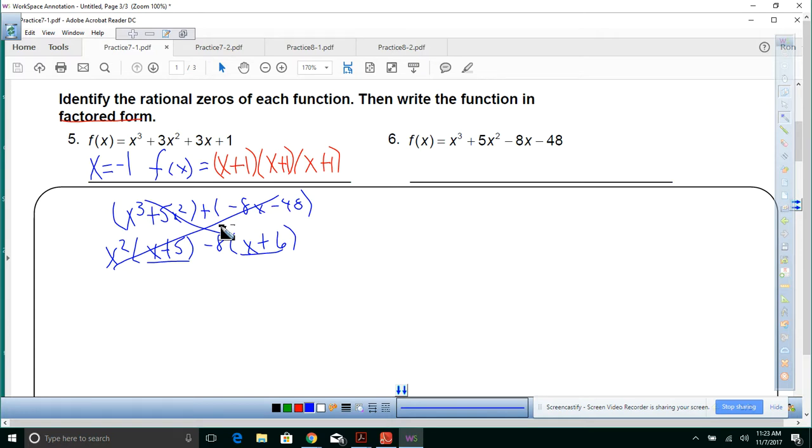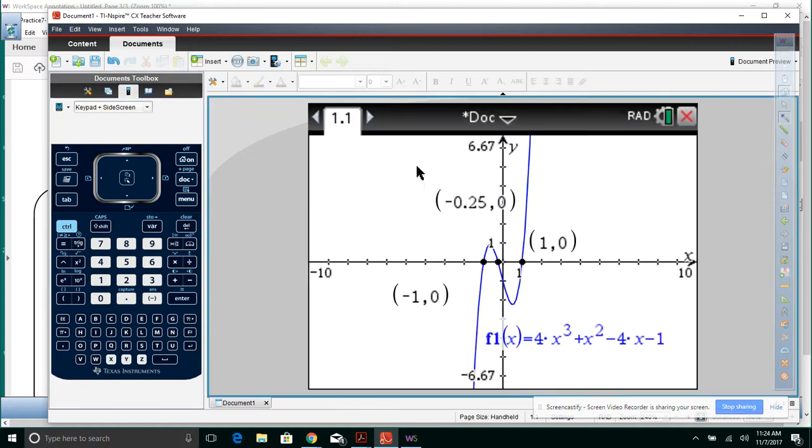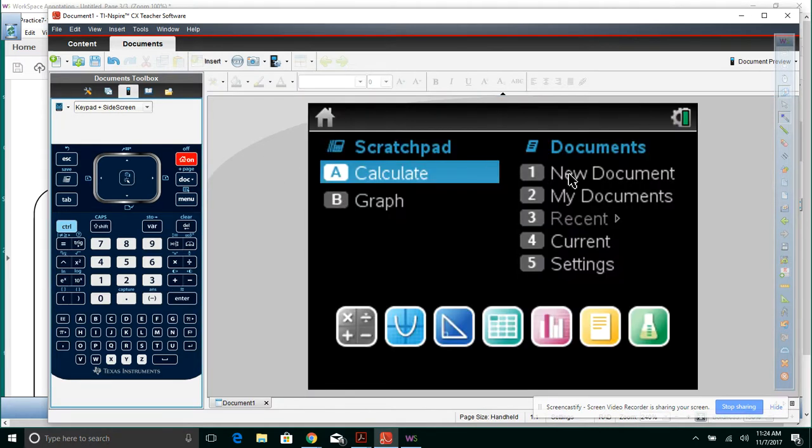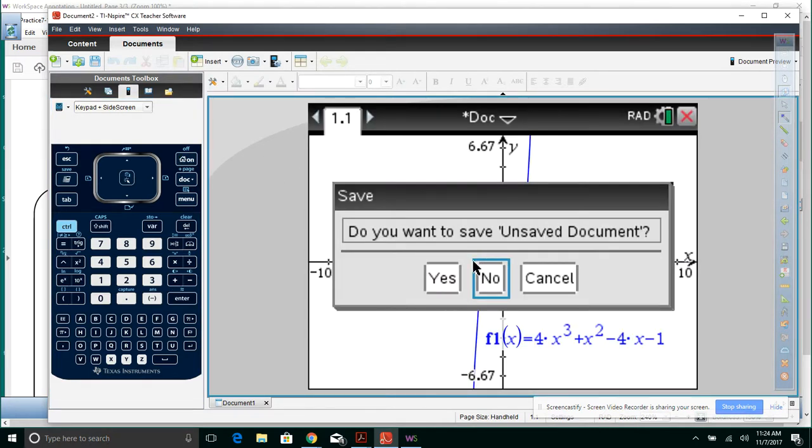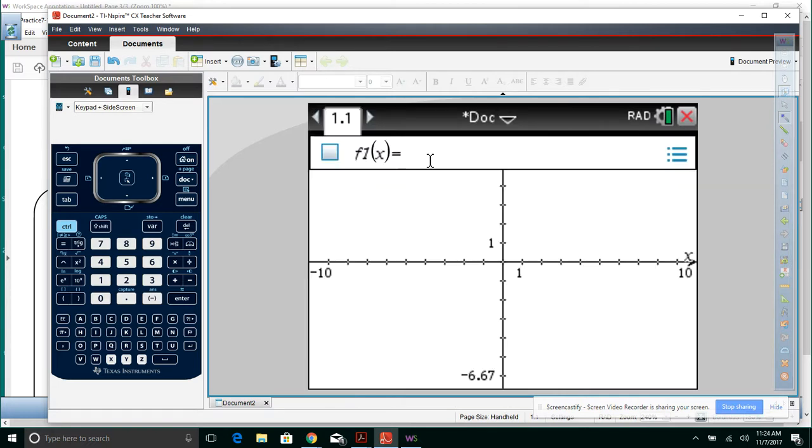I wonder if there is another way. You know, there is. This is going to be different. Let's try the old graphing method there. On new document, no, and graph.